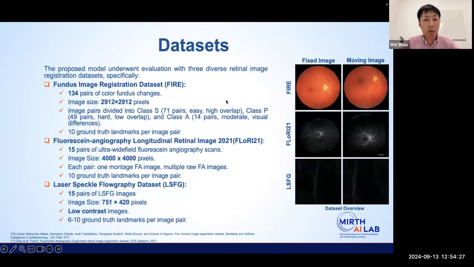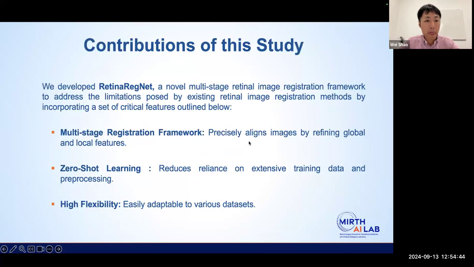So we have developed a zero-shot learning model that we applied to three different registration datasets: color fundus images, fluorescein angiograms, and another one we call LSFG, which measures the blood flow of the eye. Our RecNet is a multi-stage registration model. We first estimate a global affine transformation, followed by a more accurate estimation of local transformation.